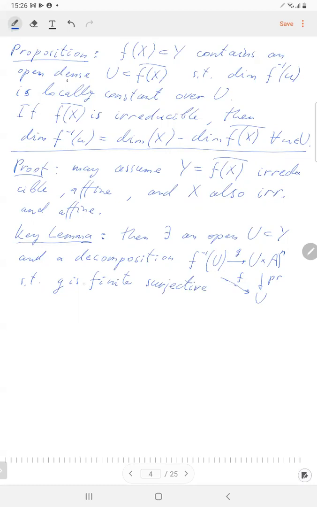Okay. So now, if we assume this lemma, so modulo the lemma, the proposition is immediate.